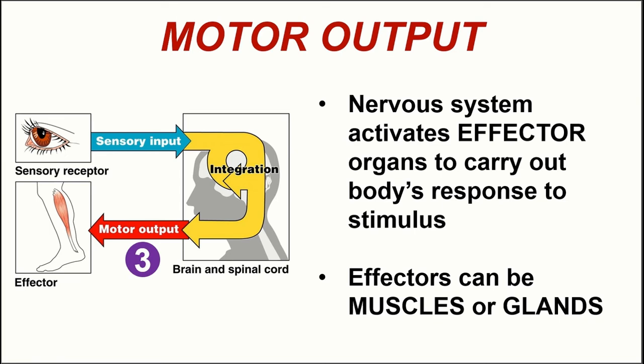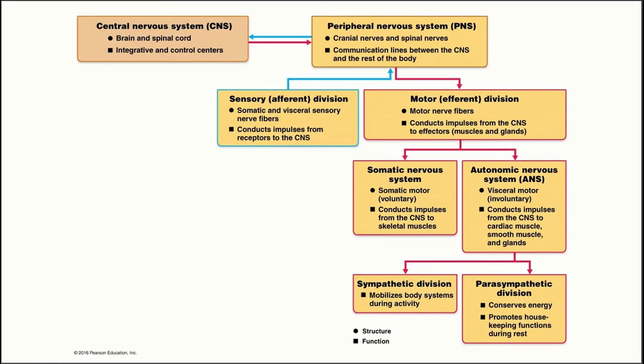So we've got our three functional divisions of the nervous system. We had sensory input, integration, and motor output. So now we've reviewed that the central nervous system functions primarily in integration and processing the information that's coming to it, and at the same time also issuing commands, motor commands, that will carry out the body's response.